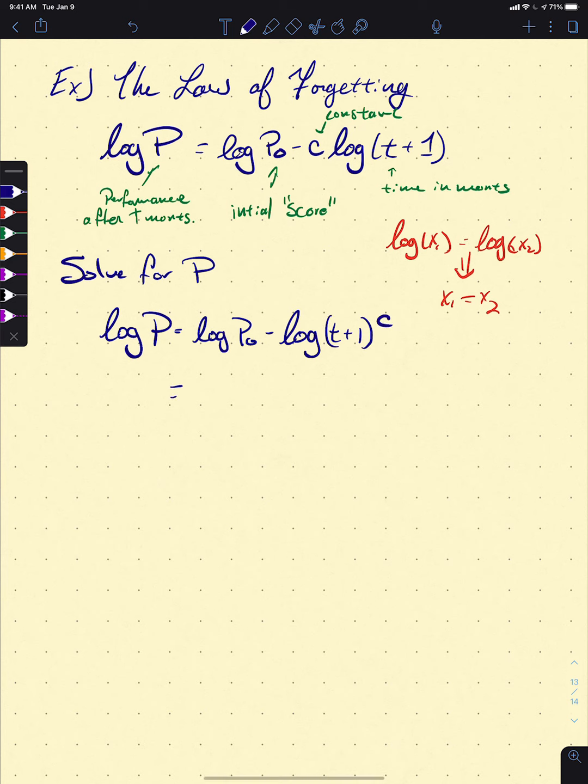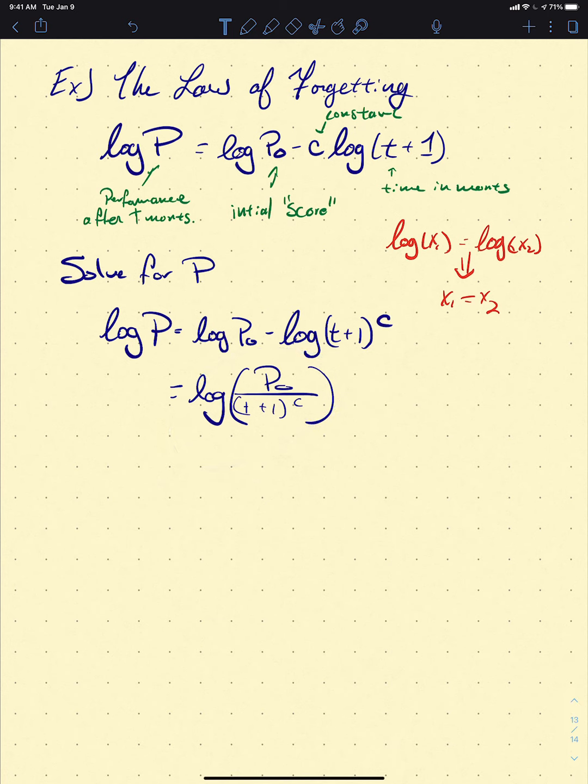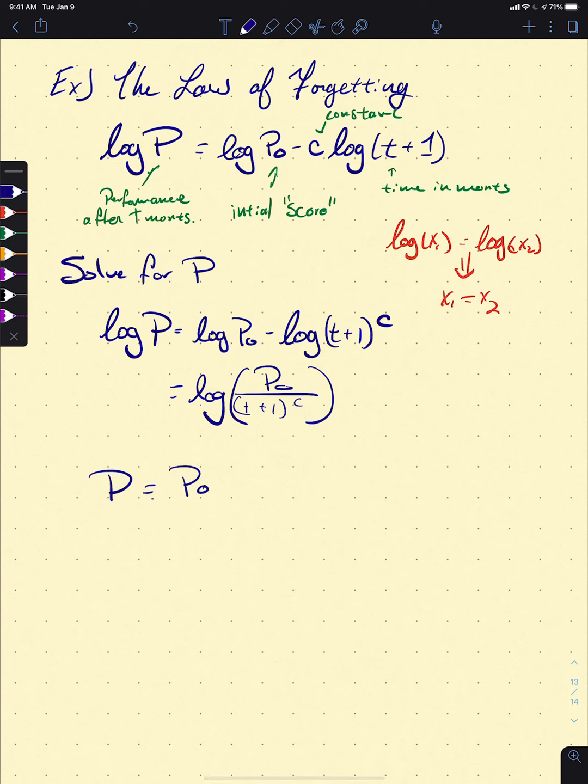But that would mean that we're subtracting the log of two expressions, so we can take the log of dividing one by the other, right? And now we have what we want: log of p on this side, and log of stuff on the other. And because the logarithm is 1 to 1, I can essentially cancel those logs. And that gives me that p is p naught times t plus 1 to the c, okay?